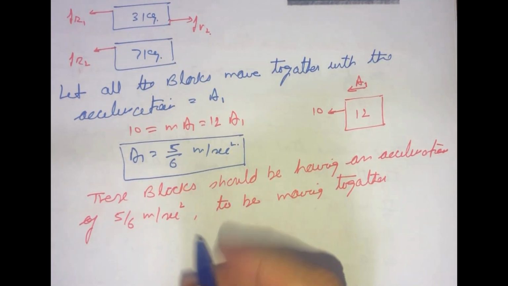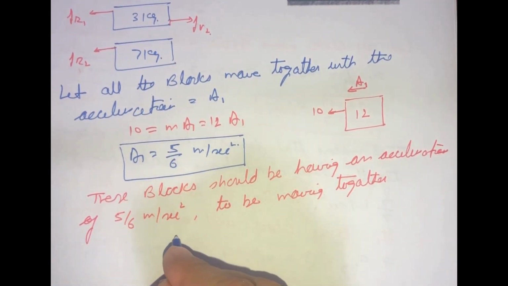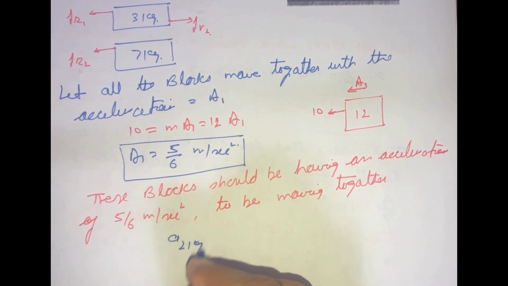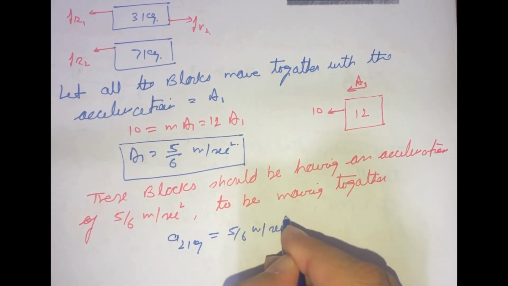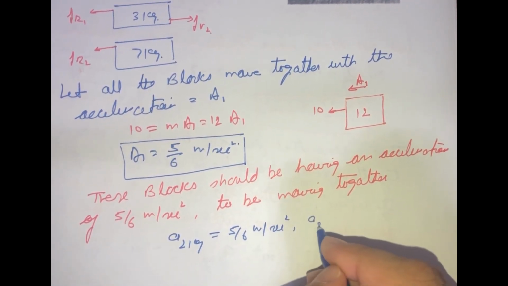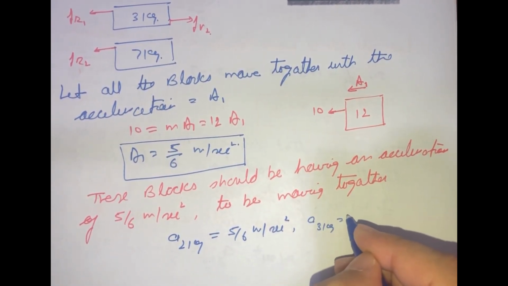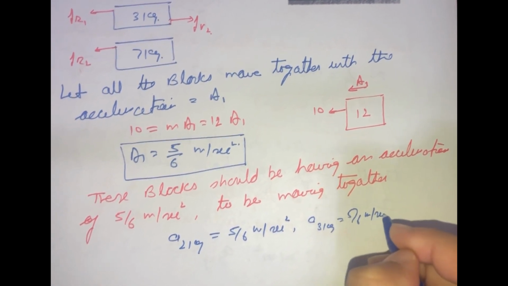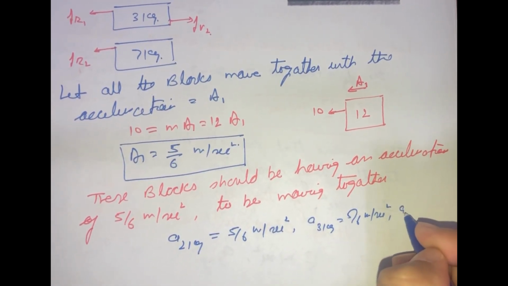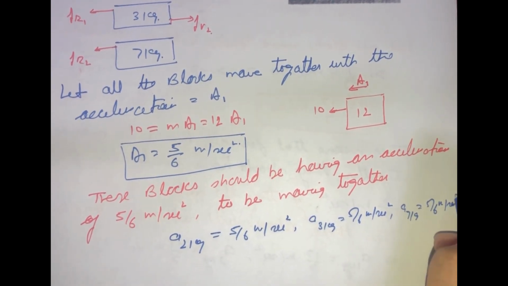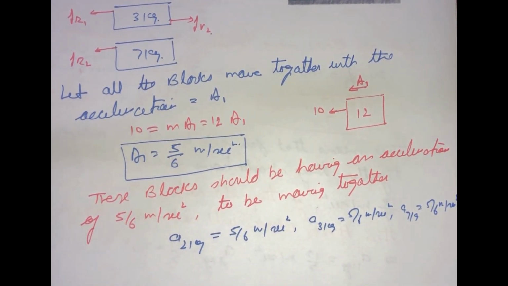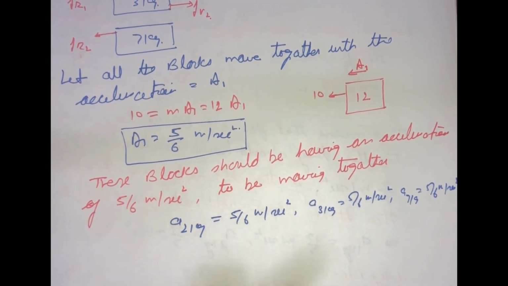So the acceleration of 2 kg should be also 5/6 meter per second square, the acceleration of 3 kg should be also 5/6 meter per second square, and the acceleration of 7 kg should be also equal to 5/6 meter per second square. Now let us see whether individually they are able to maintain this acceleration or not.